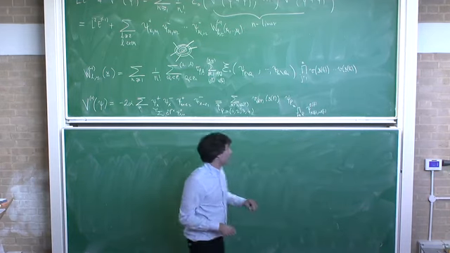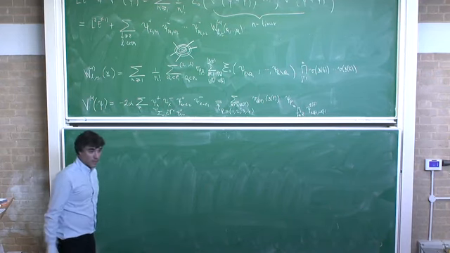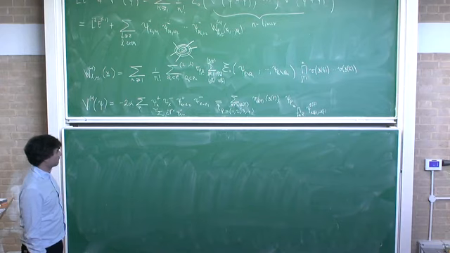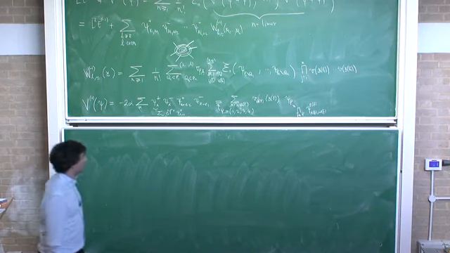There are some oscillating factors, some delta functions that tell you that some x's are equal to others, or the difference is equal.